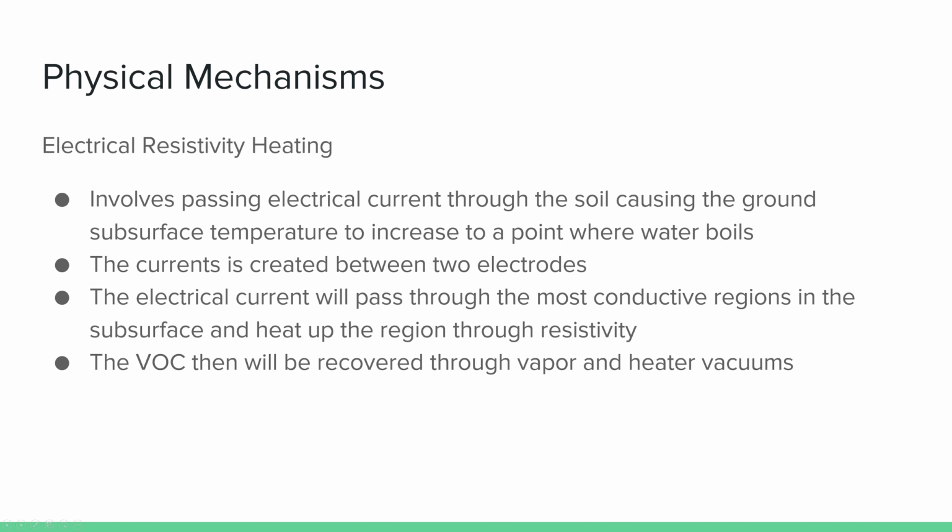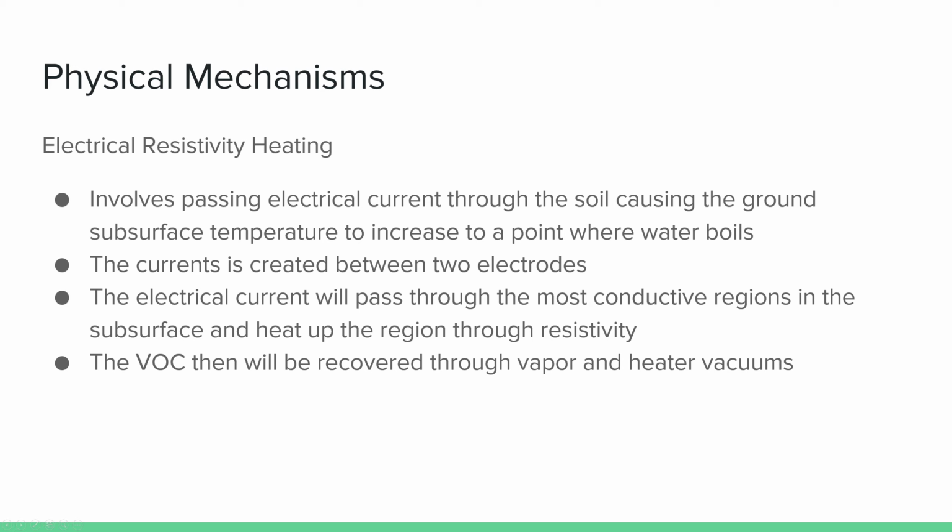The next type of thermal remediation technology that we're going to talk about is electrical resistivity heating, which is technology that involves passing electrical current through soil, resulting in an increased subsurface temperature, usually to the boiling point of water.